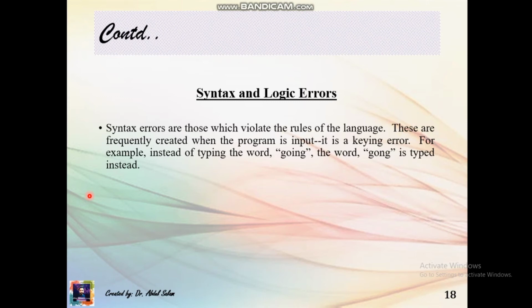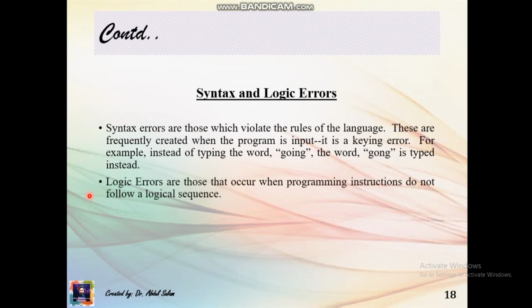These are frequently created when the program is input. It is a keying error. For example, instead of typing the word going, the word gong is typed instead. So you have to follow all the grammatical rules and avoid syntax errors.